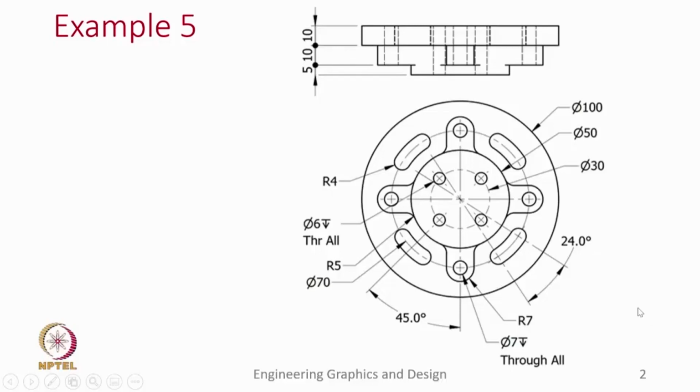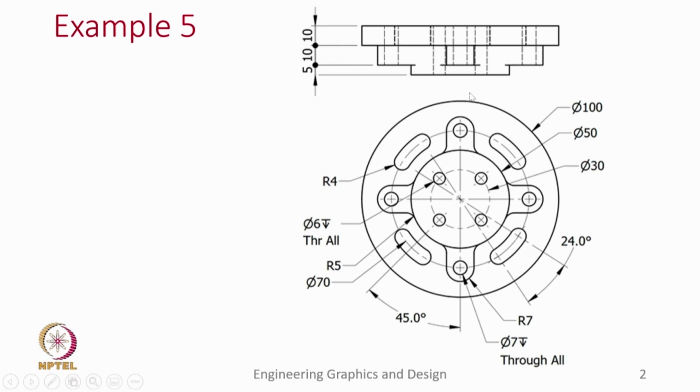So, let us get to the problem. Here you see 2 views of the object we are creating. This is the front view and this is the top view. Let us try to understand by looking at the different features of this problem. If you look at the top view and front view, one should understand that there is a base plate which looks like a cylinder of diameter 100 and height 10.